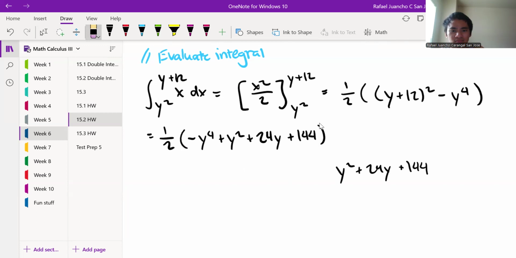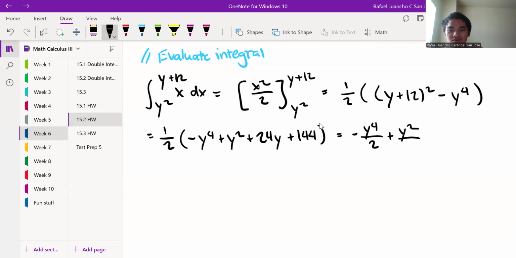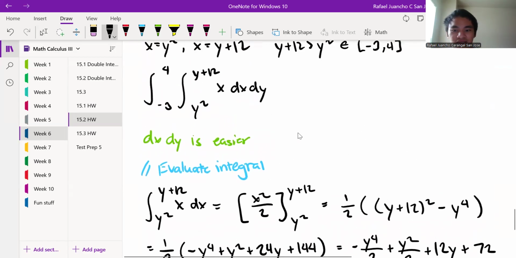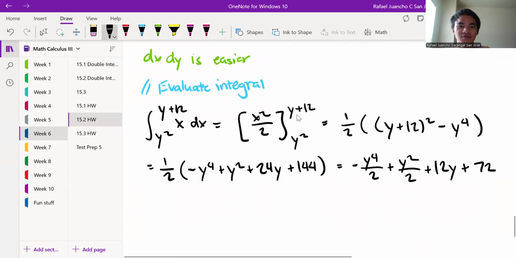And then from there, I can just evaluate it a little bit more. So I get minus y 4th over 2 plus y squared over 2 plus 12y plus 144 divided by 2. What is that? 72. Right? So that's that. And then I take that integral with respect to y.